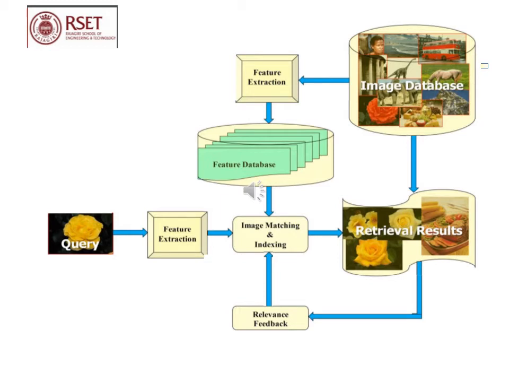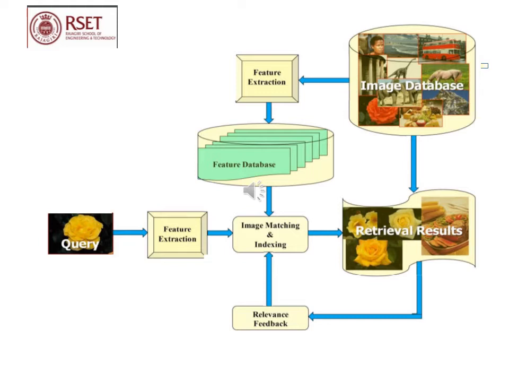We can apply relevance feedback algorithms like SVM or random forest. After that, the irrelevant images are removed from the dataset and we finally get more relevant images to the query image. This is the exact working of content based image and video retrieval.